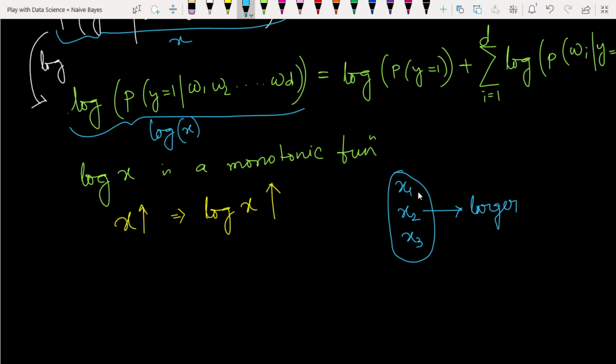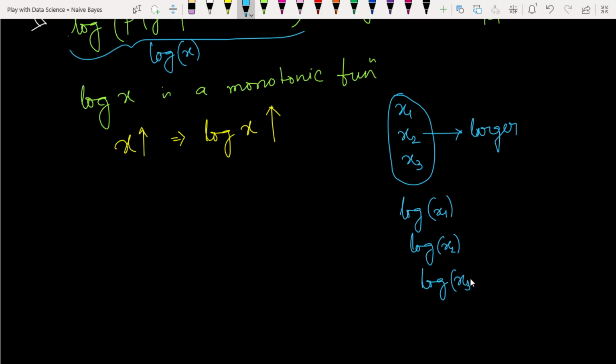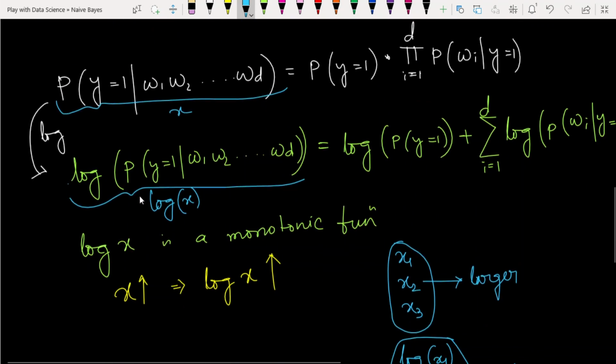Instead of comparing these three x's, if we compare log of x1, log of x2, log of x3, what happens? Among these log values, this one will be the largest, because log is a monotonic function. Because of this logic, we can easily compare. I think it is understandable to all of you why this is important.